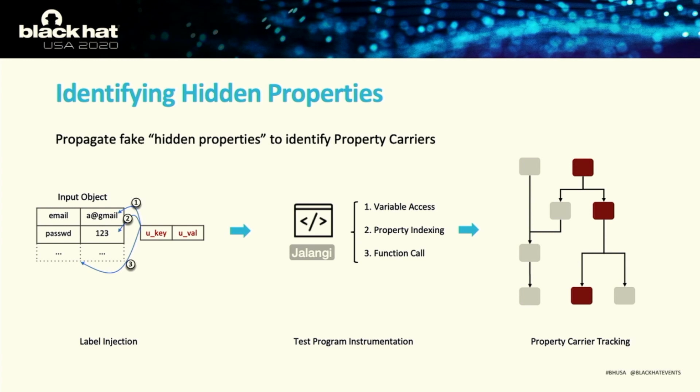Then we execute the program. During the execution, Lynx will examine every object within the data flow. If an object carries our property labels, we will record it for further analysis, and we will call the objects that carry the labels property carriers.